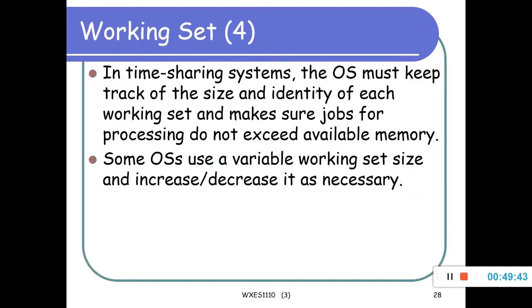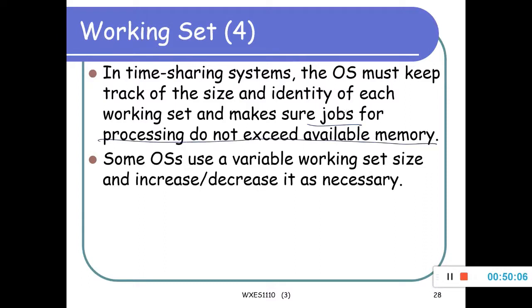So in a time sharing system, the OS must keep track of the size and identity of each working set and make sure jobs for processing do not exceed available memory. The OS must be intelligent enough to do this.